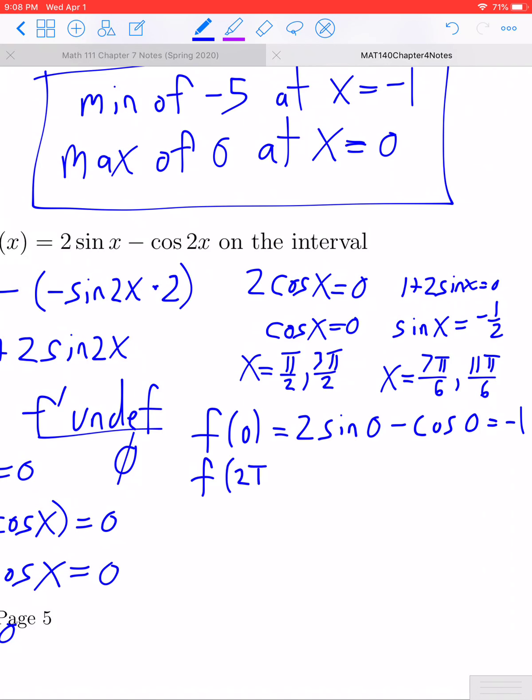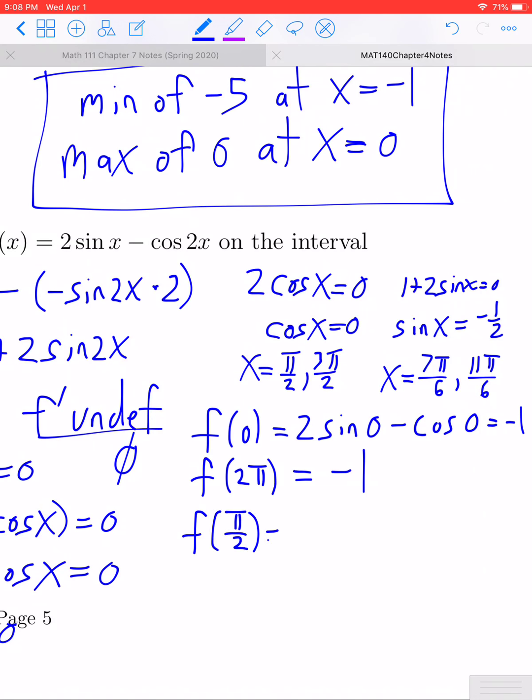F of 2 pi, I'll let you check this on your own. That will also have the output of negative 1. We now need to check the function at the critical numbers on the inside of the interval.